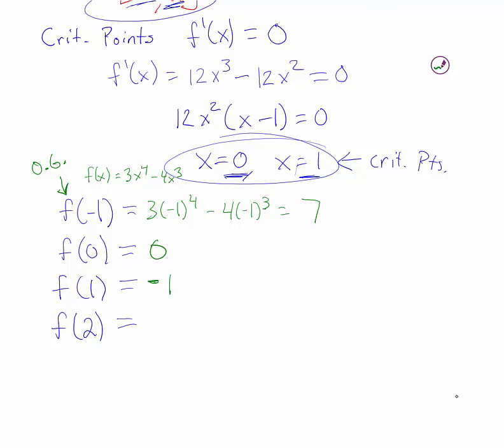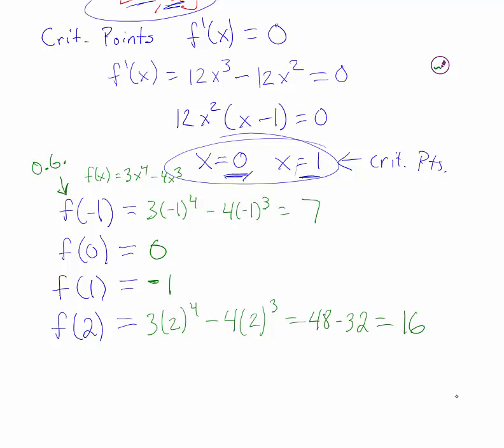And finally, f of 2, 3 times 2 to the fourth minus 4 times 2 cubed. That's going to equal 2 to the fourth, 2, 4, 8, 16, times 3 is 48, minus 4 times 8 is 32, which is going to be 16.